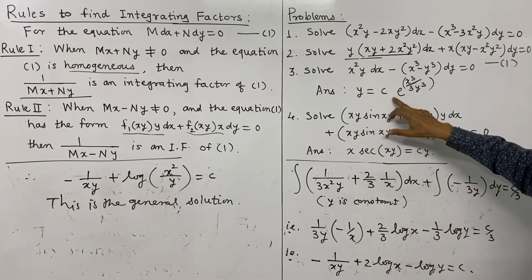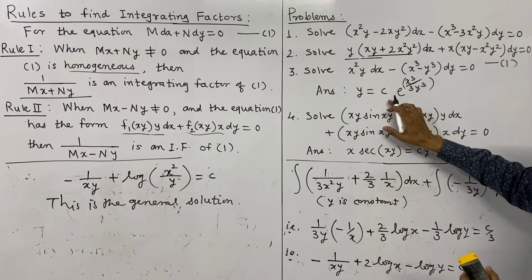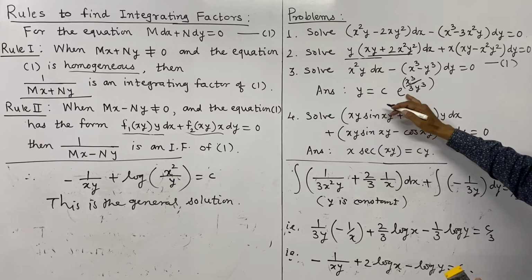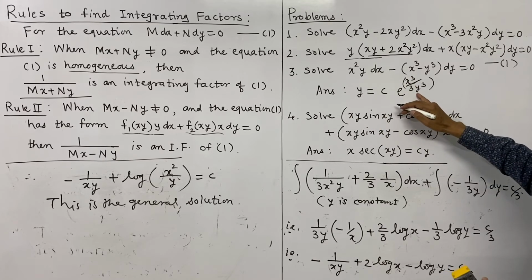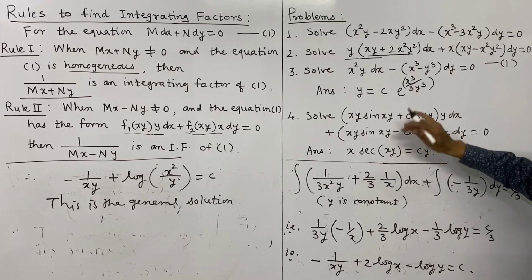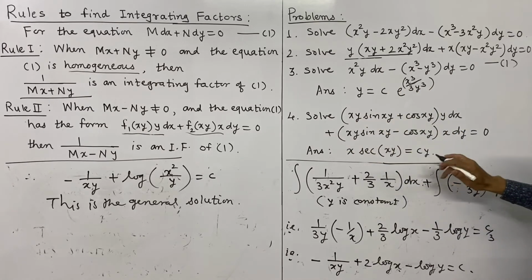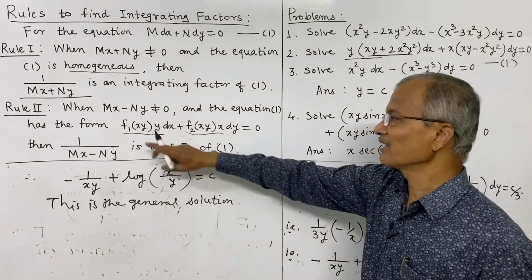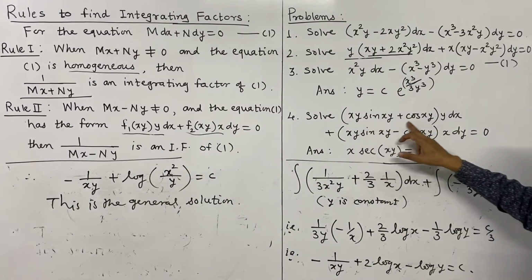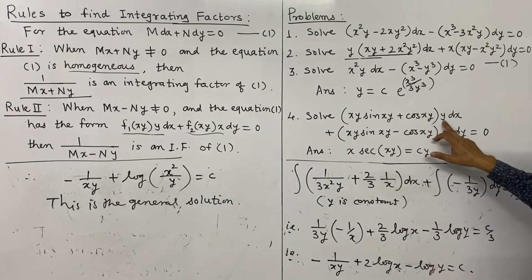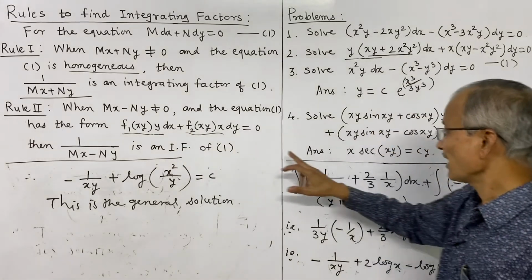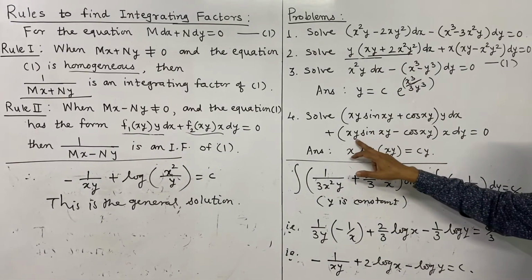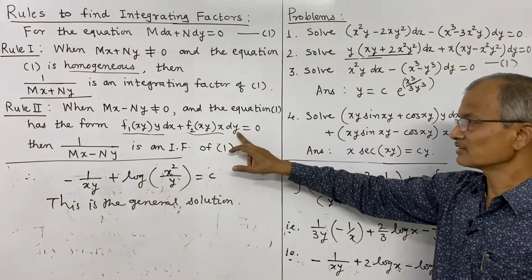The solution will be in this form, or if we take log, then it will be x cube c y cube, etc., or an equivalent form. And this one is of this form, f1 function of xy. This is entirely a function of xy multiplied by y into dx, and this bracket is entirely a function of xy multiplied by x into dy.